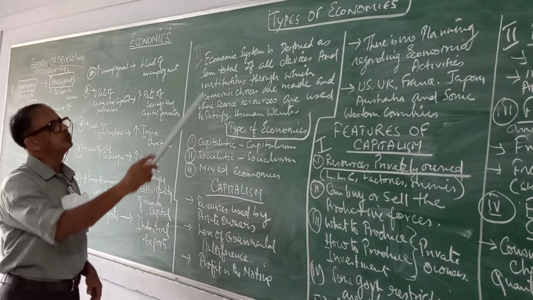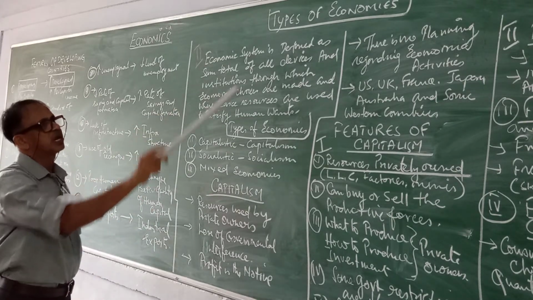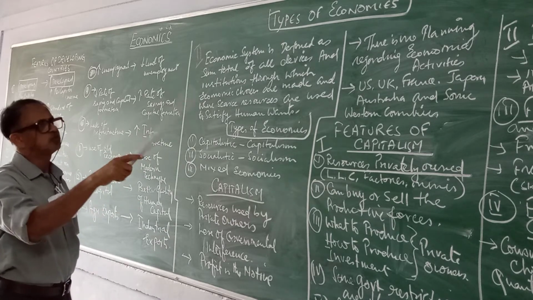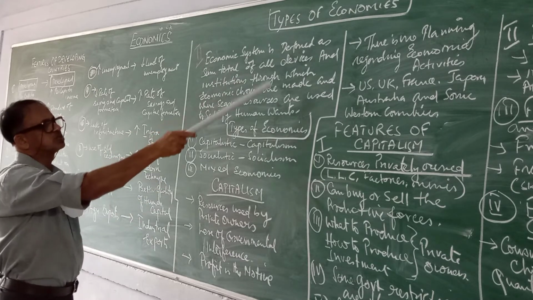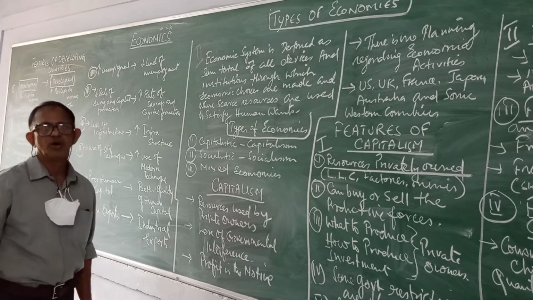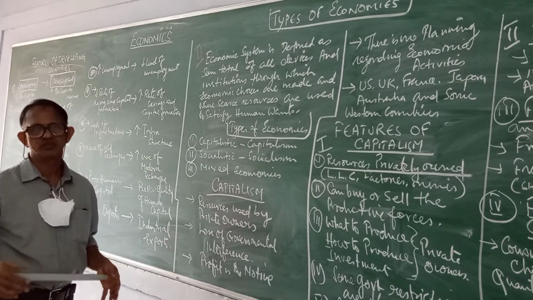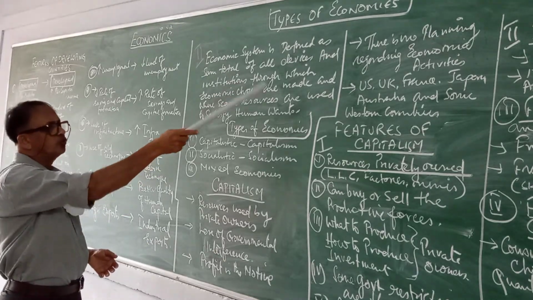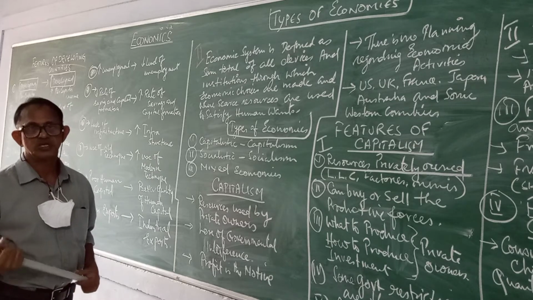Now I am coming to the second part of the topic, that is, I am going to deal with types of economies. Before understanding the types of economies, we should understand what an economic system is. An economic system is defined as the sum total of all devices and institutions, that is, all productive forces and the institutions through which economic choices take place.